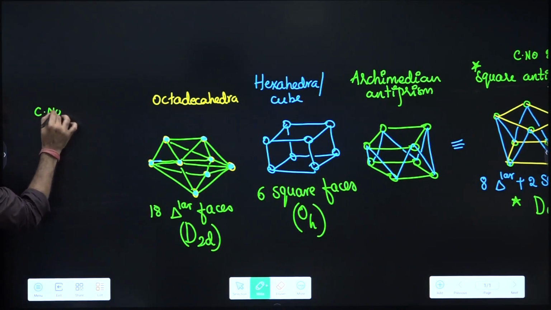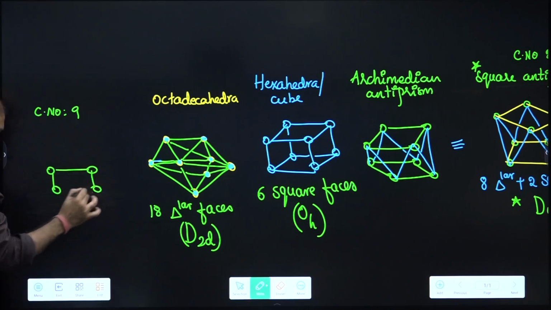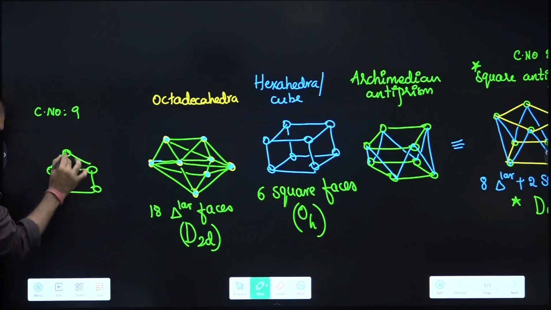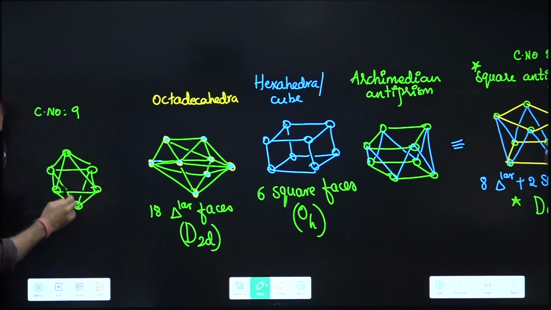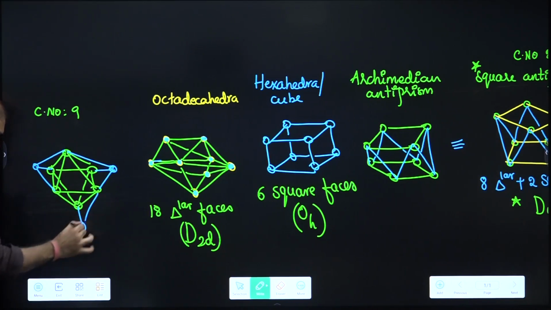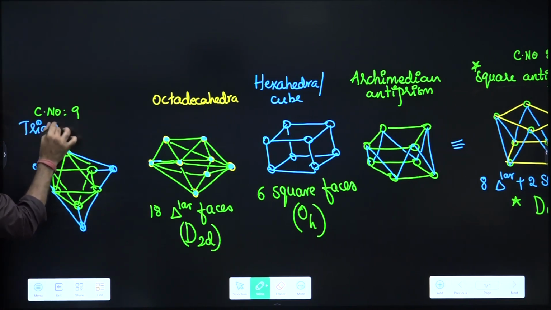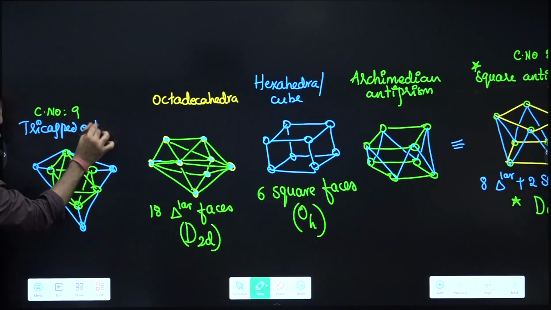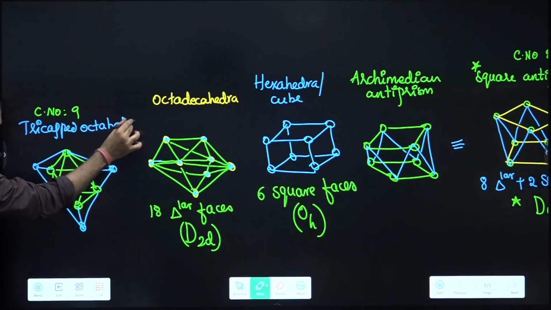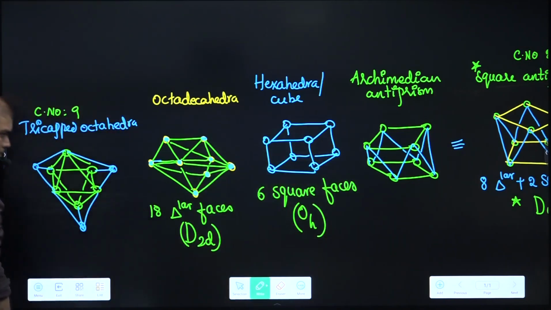Next, coordination number 9. Tricapped octahedra, how many faces?